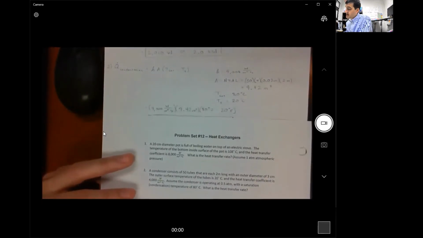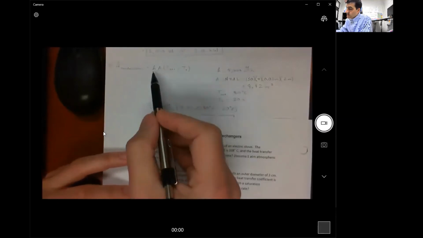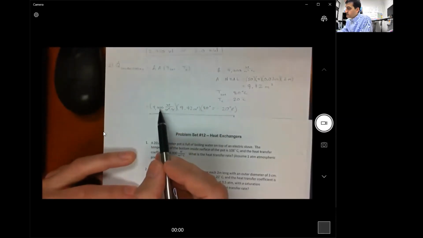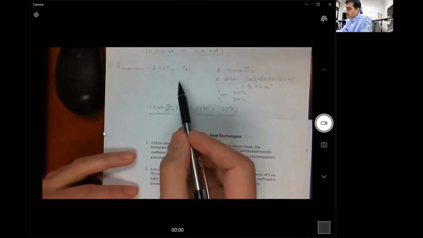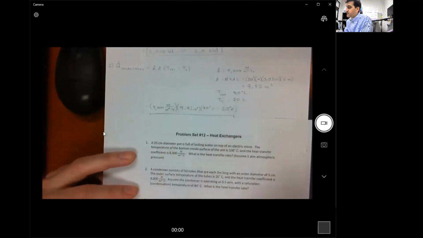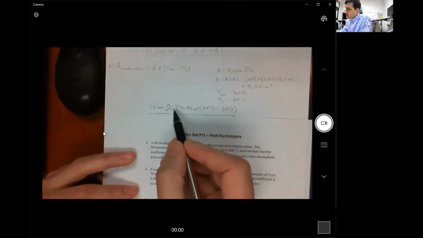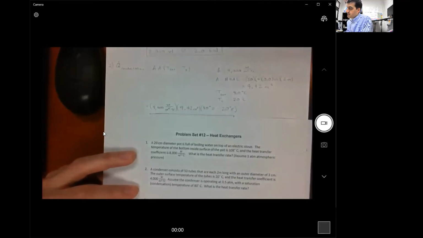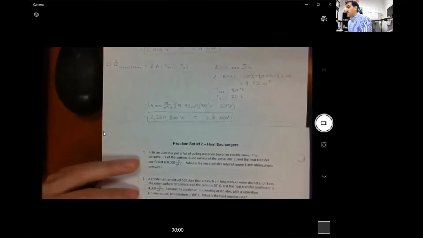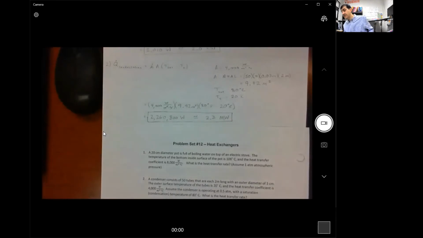So just plug all that in for the condensation heat transfer coefficient, the surface area, the saturation temperature, the surface temperature. Keep your units, your meter squared cancels out, your degrees Celsius cancel out, and you're left with about 2,260,800 watts, or about 2.3 megawatts.